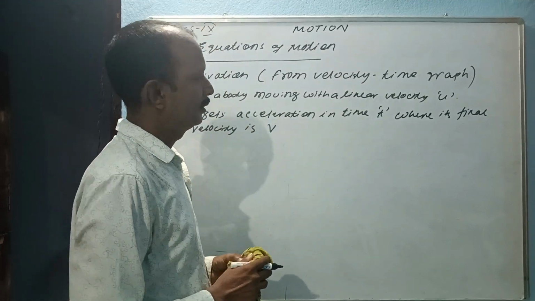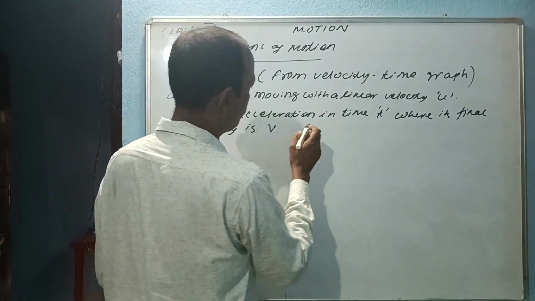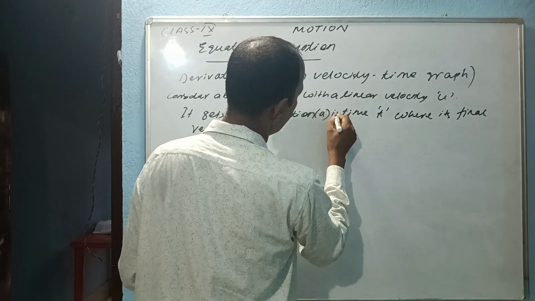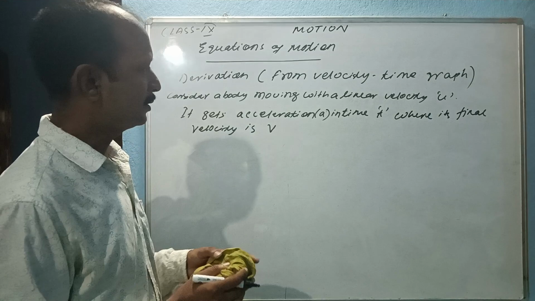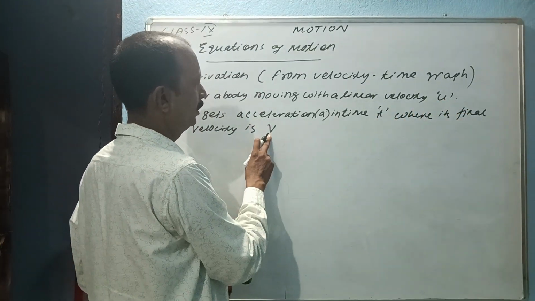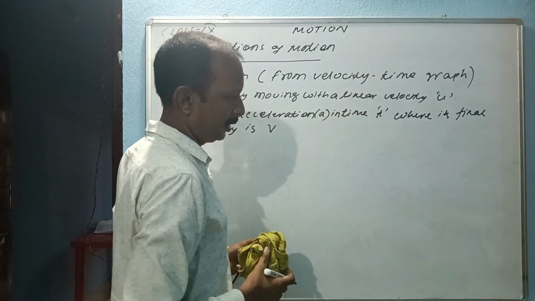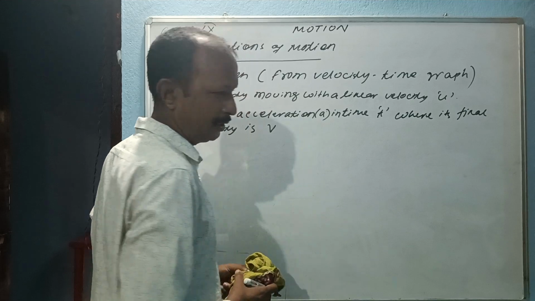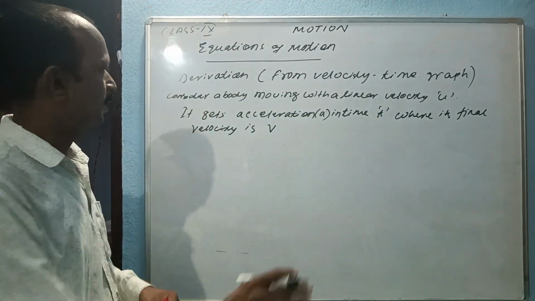So uniform acceleration, I am writing a in time t. That means initial velocity u, final velocity v, time t, acceleration a. So I have written here, from the velocity time graph I have to derive these equations.